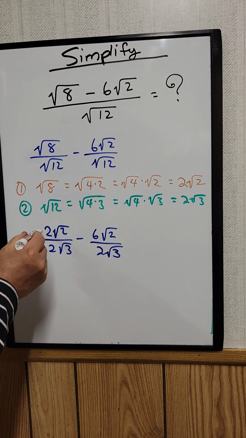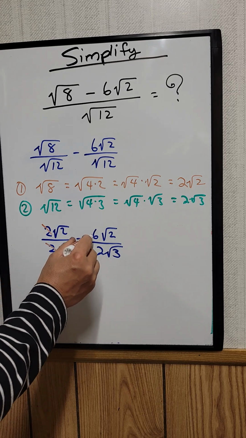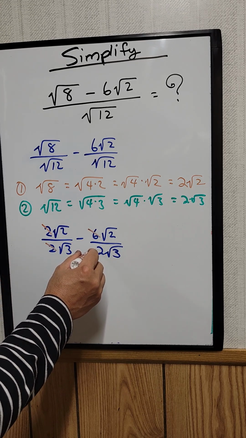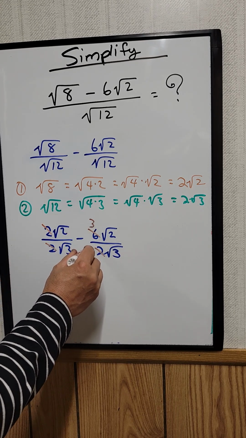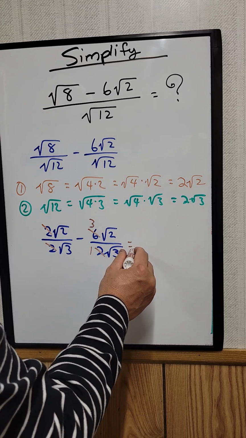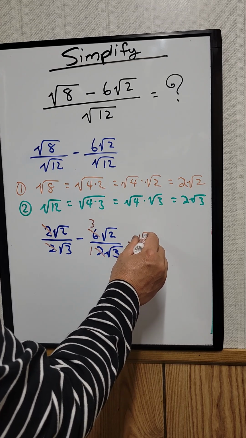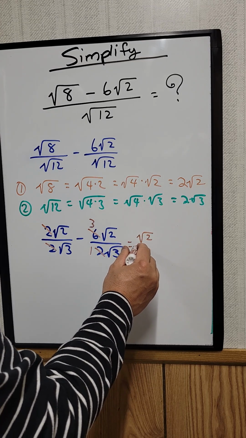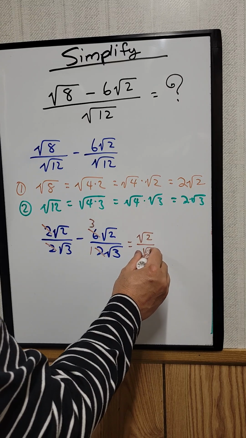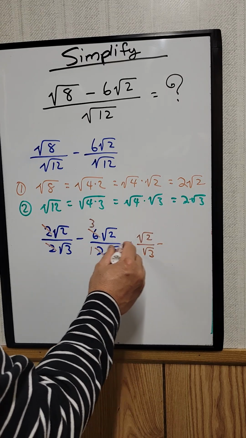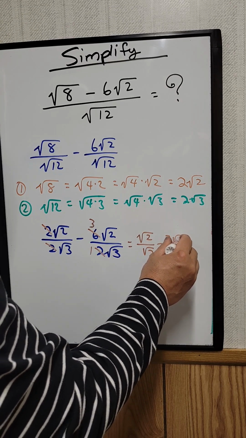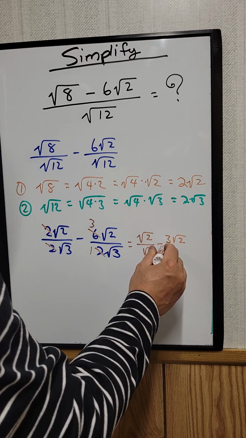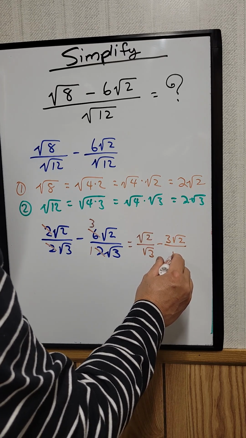We can cancel this out, cancel that, and this will be 3, this will be 1. Now we can rewrite that as the square root of 2 divided by the square root of 3 minus 3 times the square root of 2 divided by the square root of 3.